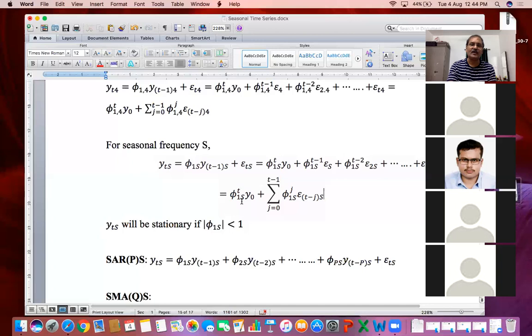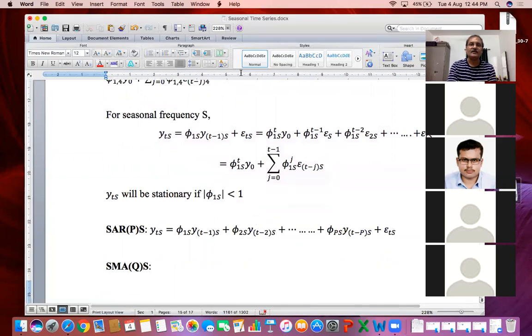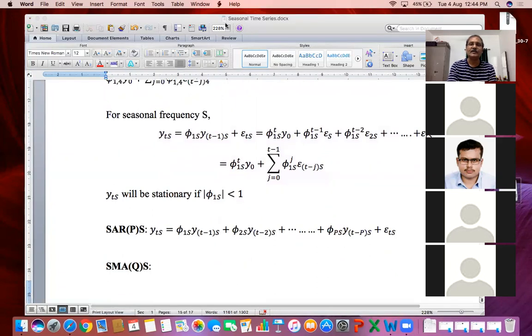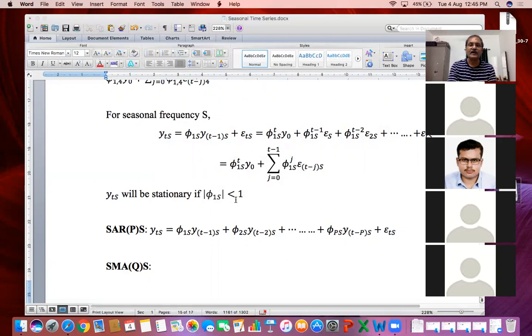And it will happen only when phi 1S is less than 1. So this is the stationarity restriction for seasonal time series of autoregressive of order 1. So if a seasonal time series follows AR1, then this series will be stationary only when phi 1S is less than 1.